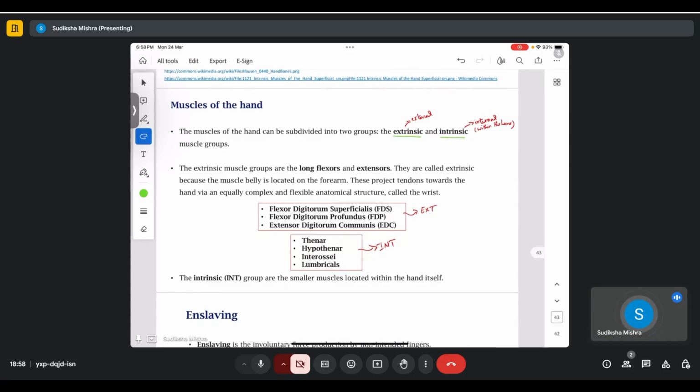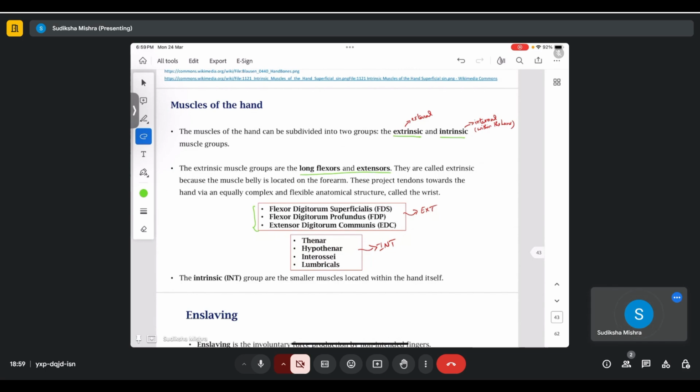The muscles of the hand can be divided into two groups, extrinsic and intrinsic. Extrinsic are the ones in which the origin is beyond the palm, whereas intrinsic muscles are present within the hand. Extrinsic muscles are essentially long flexors and extensors. The bulk of the muscle is usually located in the forearm, with tendons projecting towards the hand through the wrist.